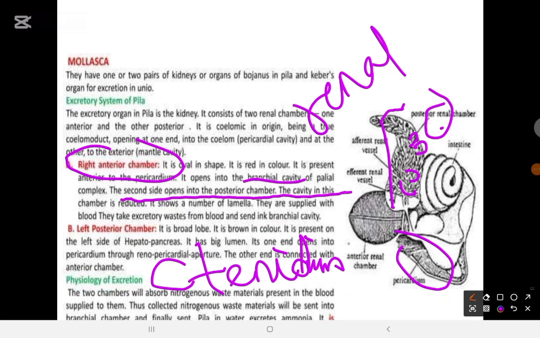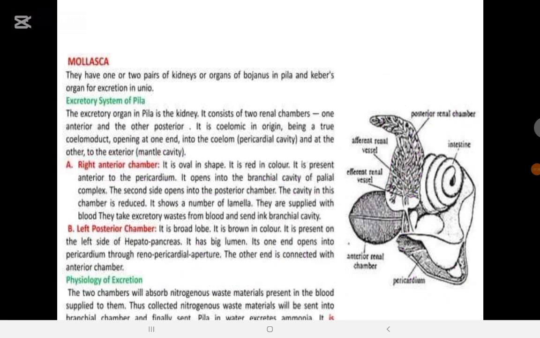Then we have the physiology of excretion, that is, how it carries out the function of excretion. The two chambers will absorb nitrogenous waste materials from the blood supplied to them, and these will be sent into the branchial chamber, and finally sent out. Ctenidium is another name for gill.